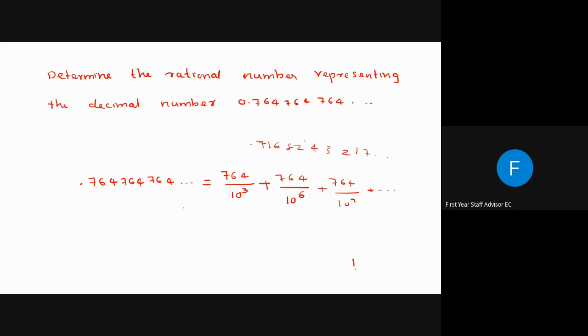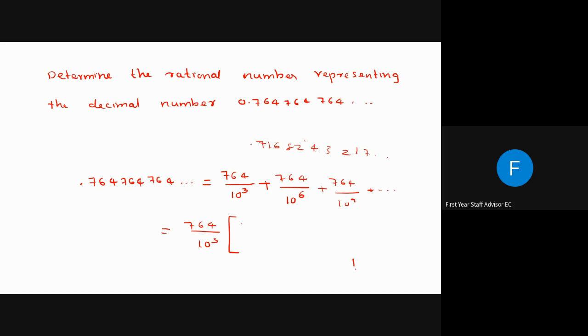That means we can write it in the form of a rational number, P by Q form. 764 divided by 10 raised to 3, because 764 is continuing. So take 764 divided by 10 raised to 3 as common.